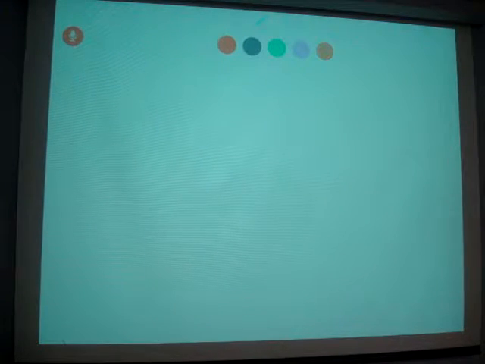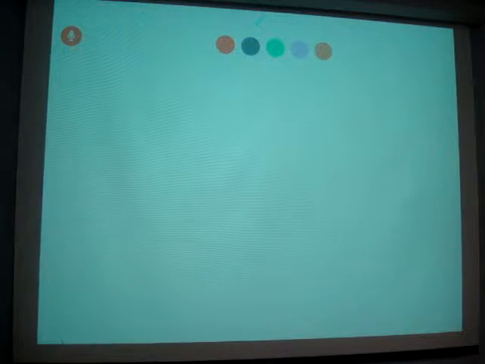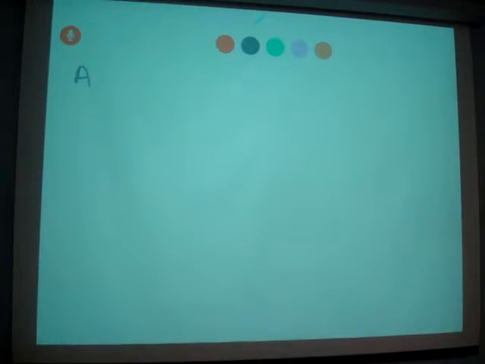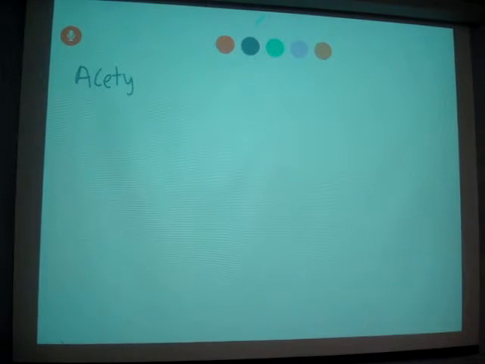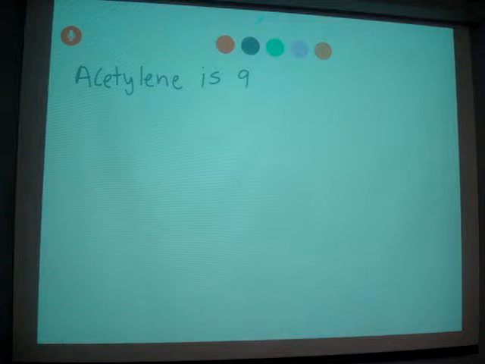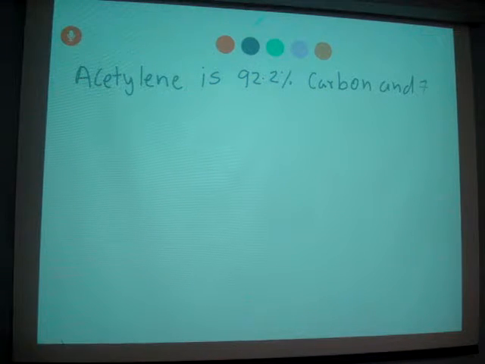So in here we are going to find molecular formula and empirical formula. Now let's say acetylene is 92.2% carbon and 7.83% hydrogen.